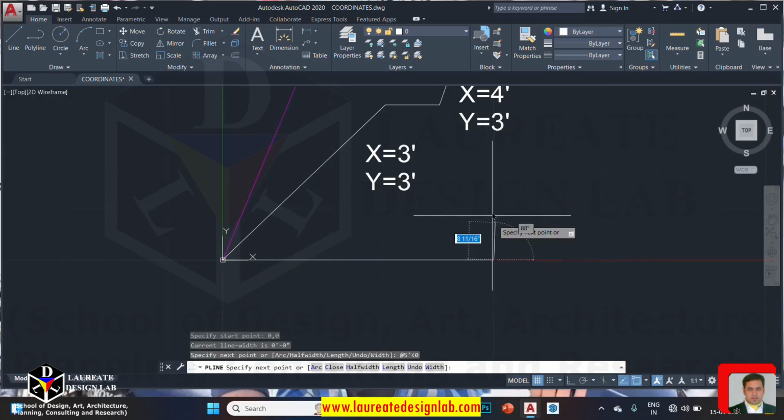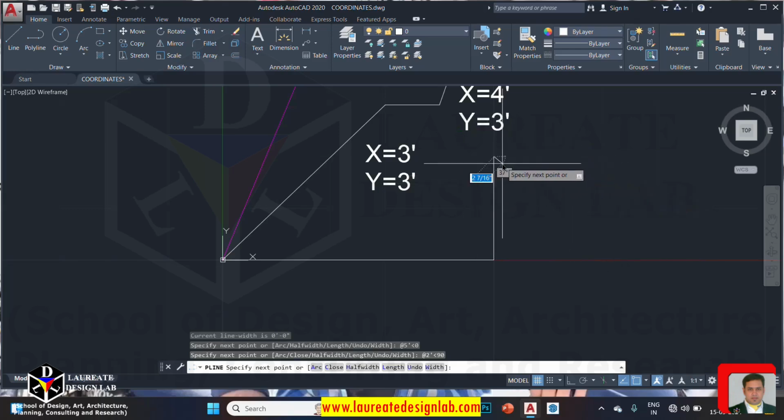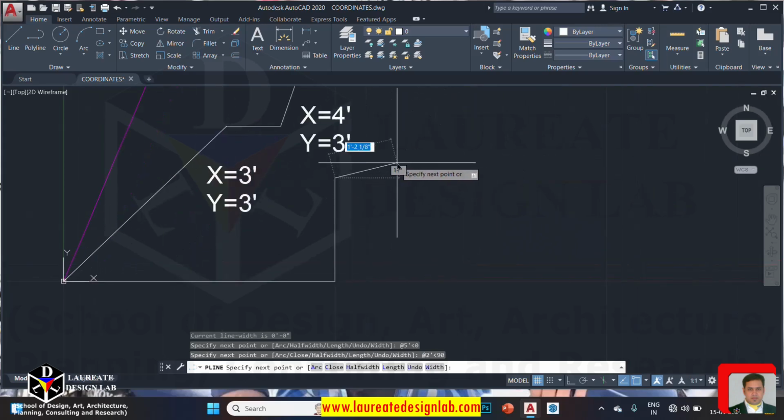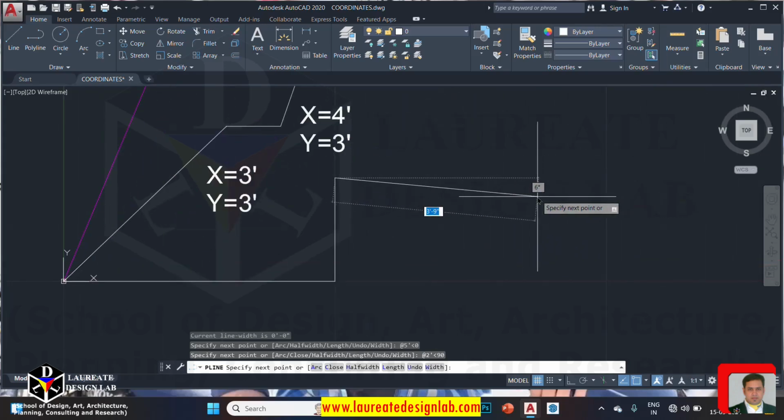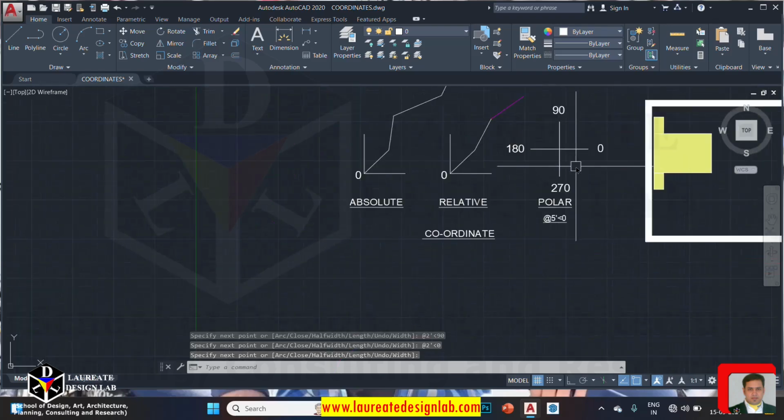Now if I want to go up, what I'll write is @2 feet at the angle 90. It went up like this. Suppose I want to go this side, @2 feet at the angle 0. Now let's relate this with this.